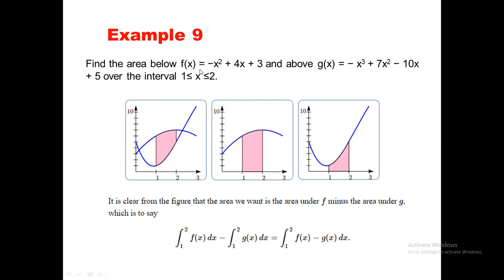If you use a differential element which is vertical, and this is your dx, then you will have your function of x, which is negative x squared plus 4x plus 3, and your g of x, this one is negative x cubed plus 7x squared minus 10x in here.